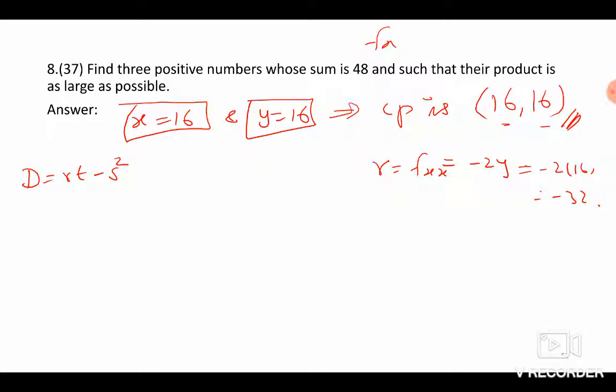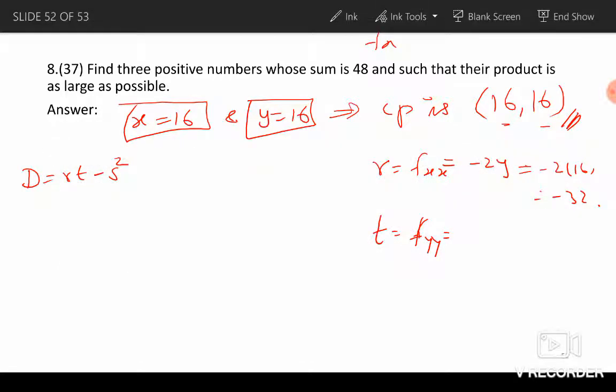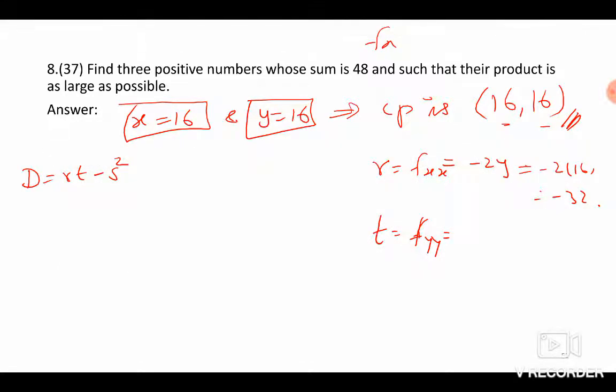R is negative. Next T, which is f double y, go to fy and differentiate it with respect to y again. You will find it as negative 2x. Now x is 16, so you will get negative 32.